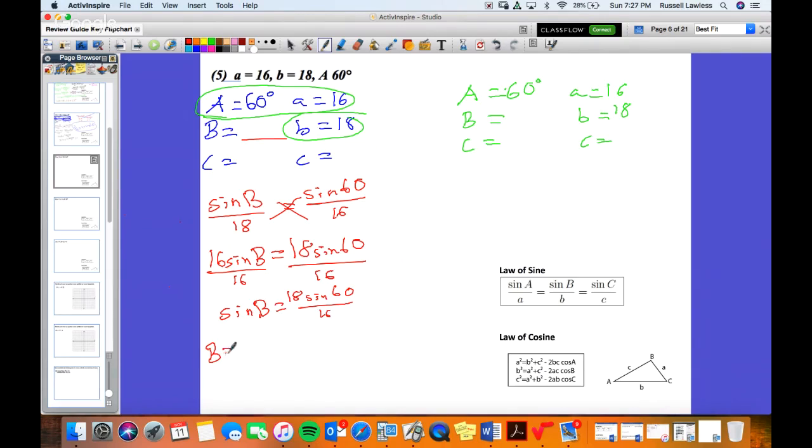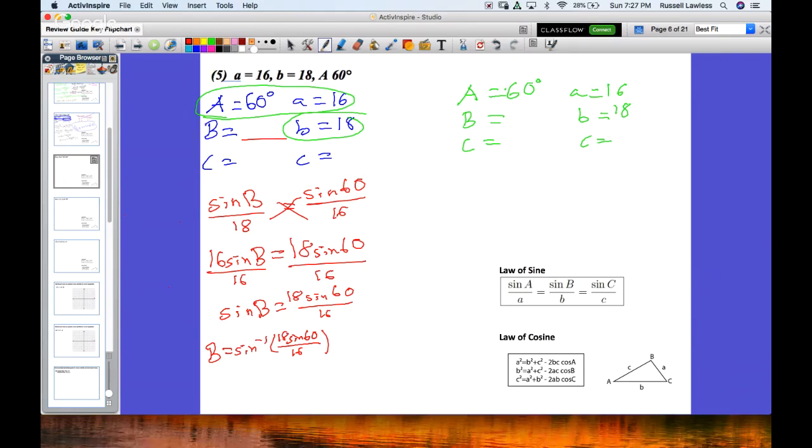So B will then be equal to the inverse sine of 18 sine of 60 over 16. When we calculate for that, we will get 76.9.